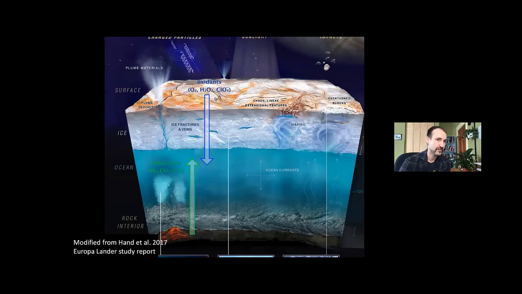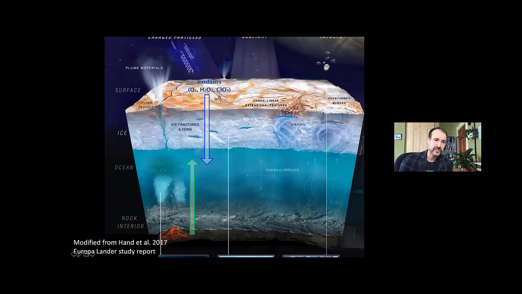What's left behind are molecular oxygen, hydrogen peroxide, potentially also perchlorates. These oxidants also combine with sulfur deposited at Europa's surface, sulfur deposited from volcanic neighbor Io, that then creates a sulfur cycle at the surface that also generates sulfates, SO2, and all kinds of oxidized materials that potentially make their way through the ice because of the high level of geological activity at Europa's ice, thus creating a flux of oxidants into the ocean.